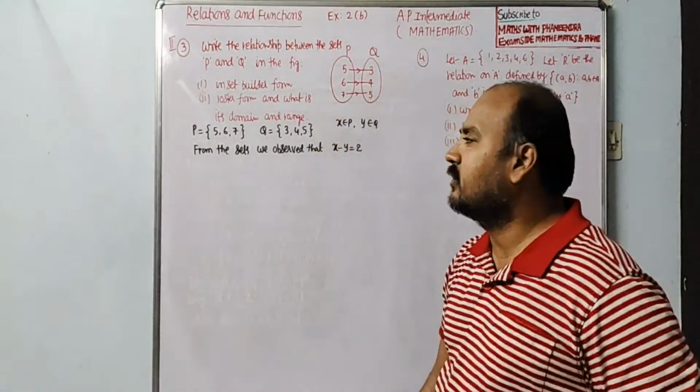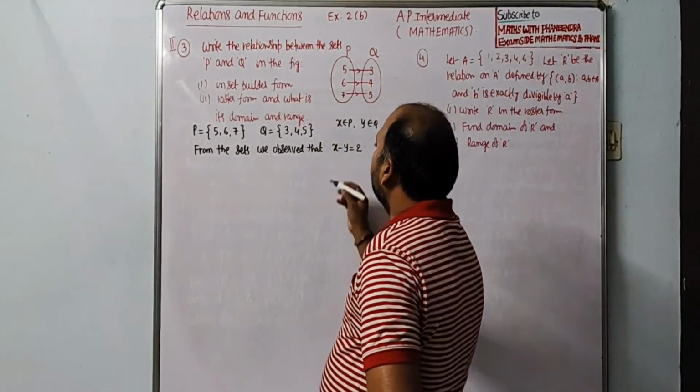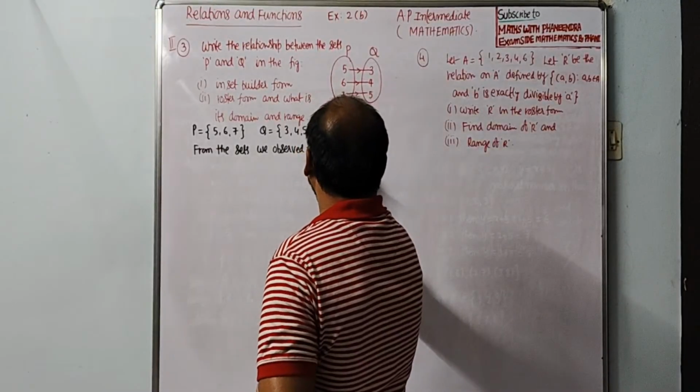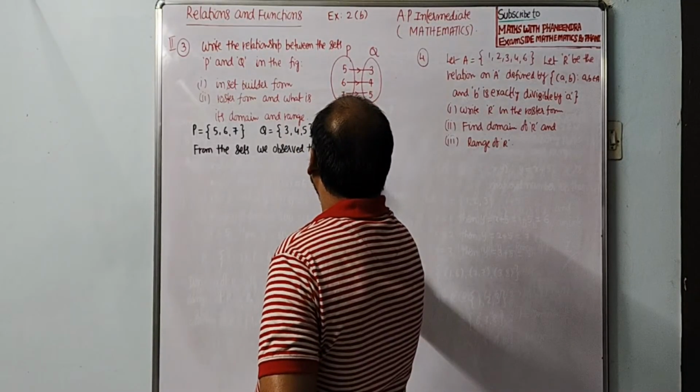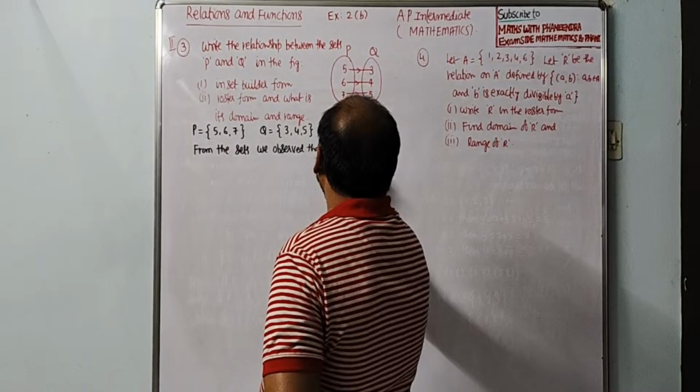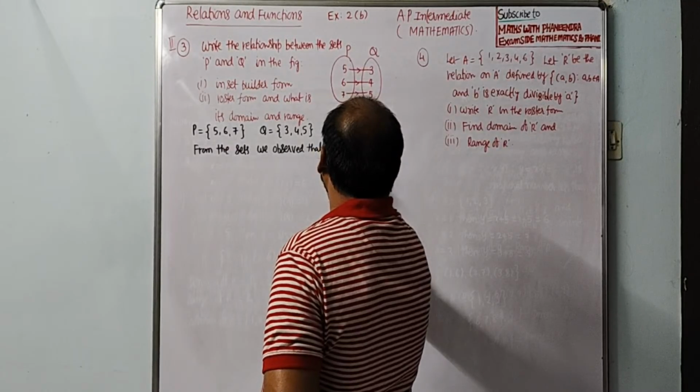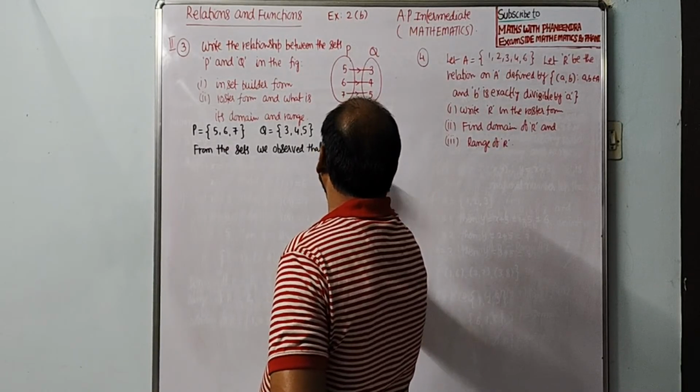Am I right? So from that what we can write is X minus 2 is equal to Y.